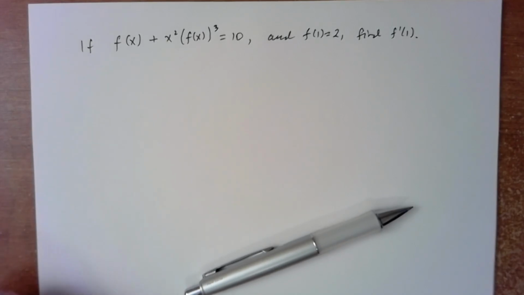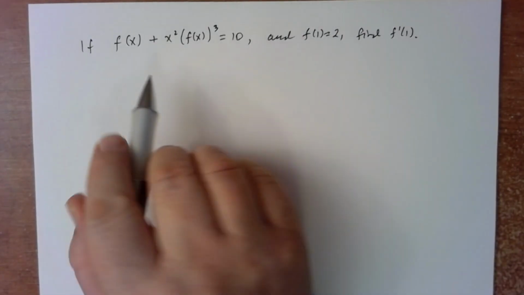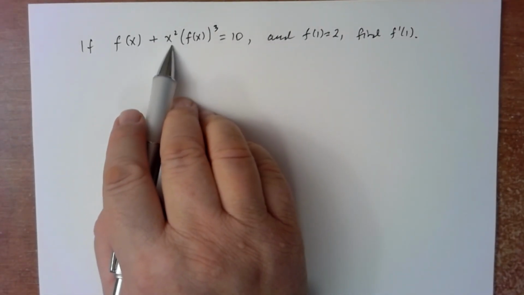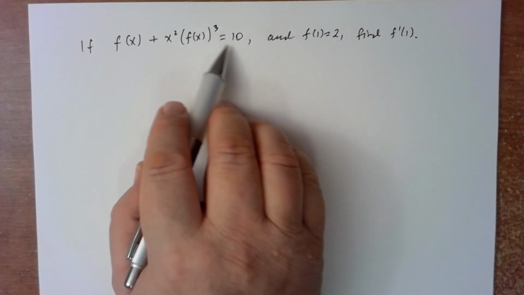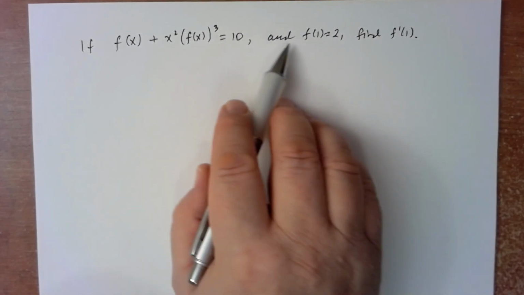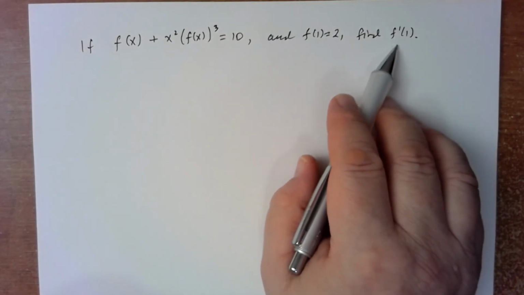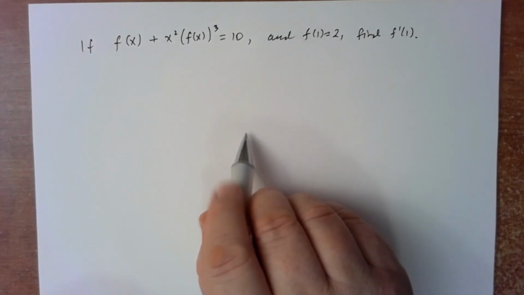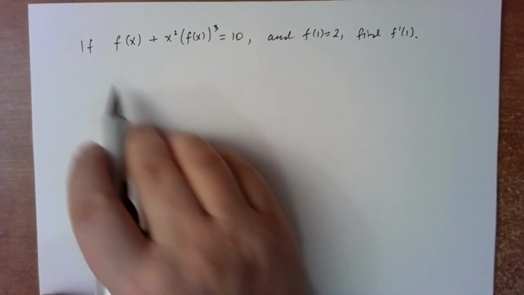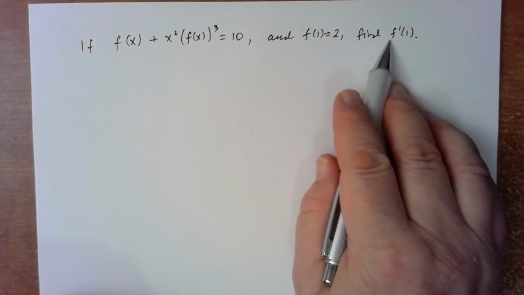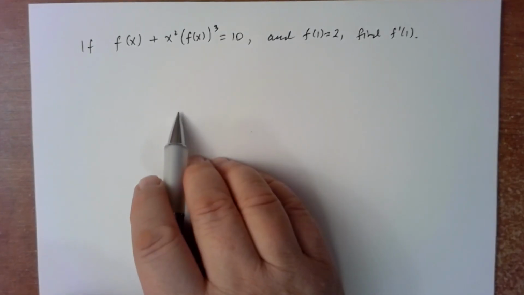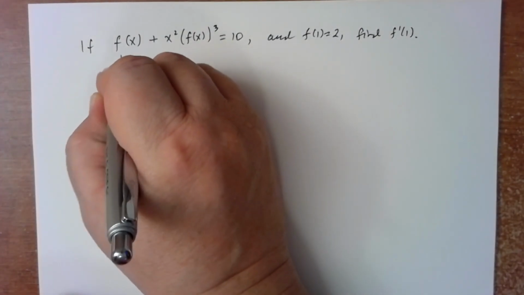All right, let's see if we can work through this one. We're told that f of x plus x squared times f of x cubed is equal to 10, and we know that f of 1 is equal to 2. We'd like to find f prime of 1. Let's see how we would do that. We'll just differentiate everything with respect to x.